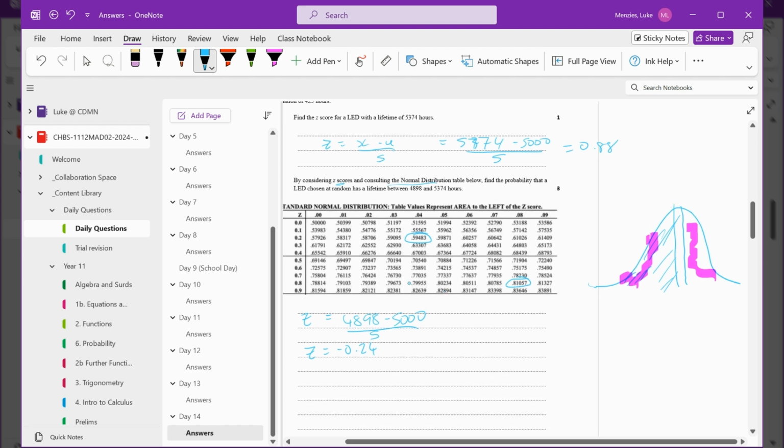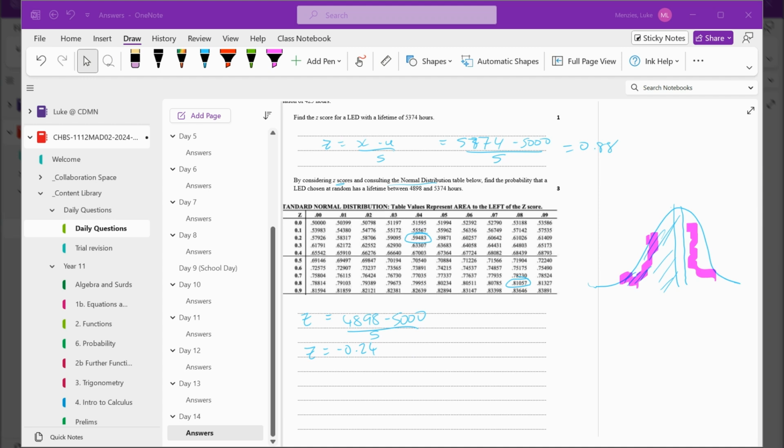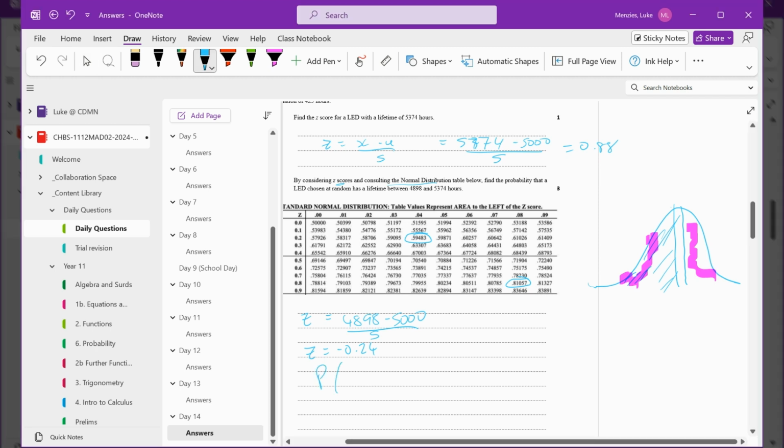Now we're going to take the value from the table. So the probability of a z-score of less than or equal to negative 0.24 is going to equal 1 minus the value we had for that, which is 0.59483.